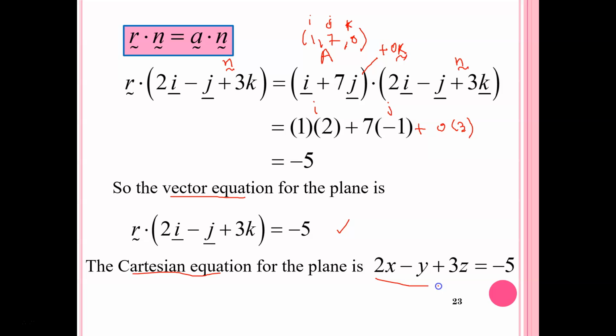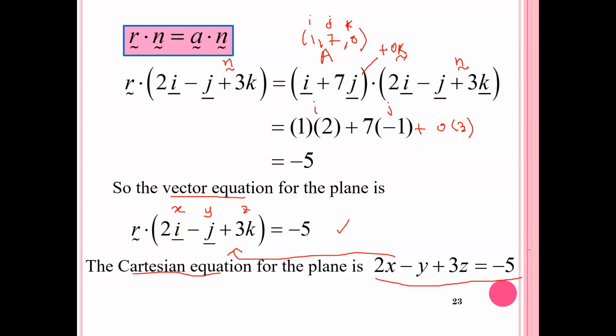Where does this come from? It comes from here: this is x, y, and z, and we just take the coefficients. 2x minus y plus 3z. That's why you got this one.